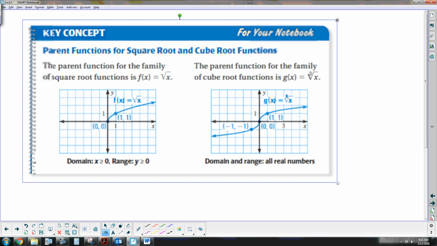If you look at that key concept, here's your parent functions of square roots and cube roots. These we've graphed before, but pay attention to the domain and the range. The domain of a square root function, x has to be greater than or equal to 0, because you cannot take the square root of a negative number.